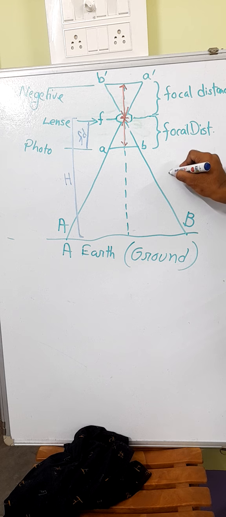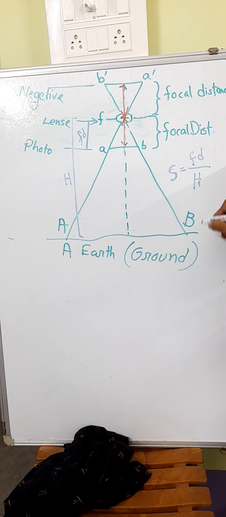So the scale of this photograph will be photo distance by ground distance. That means focal distance by this h, or we can write it as small ab divided by capital AB.